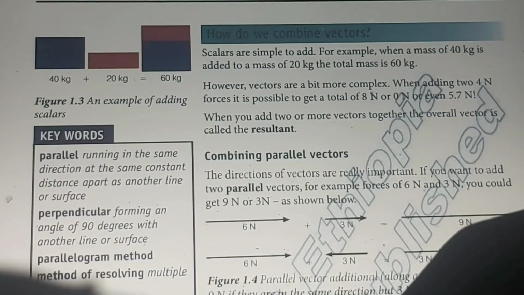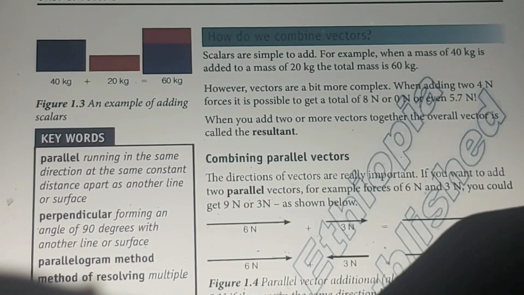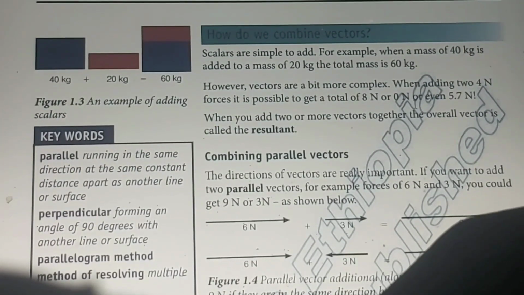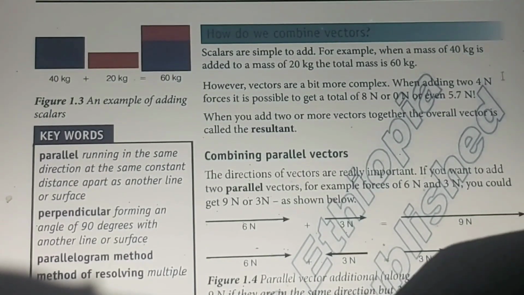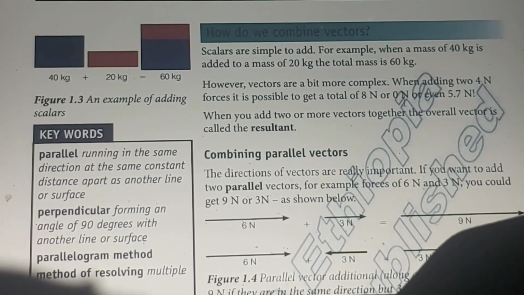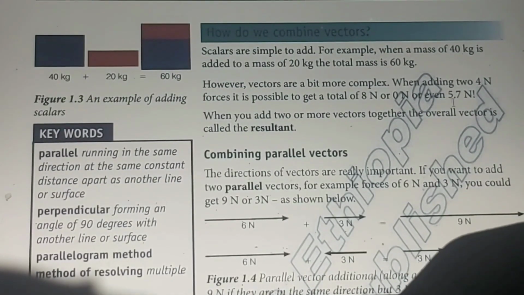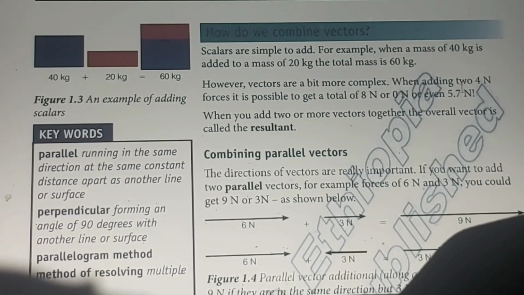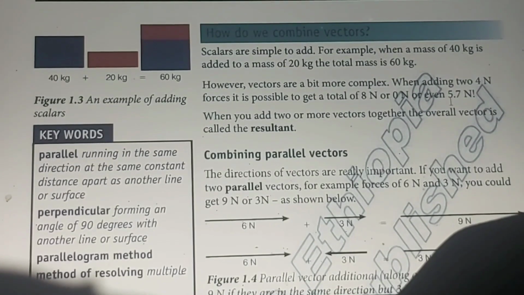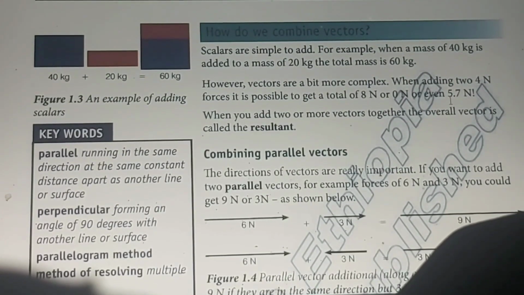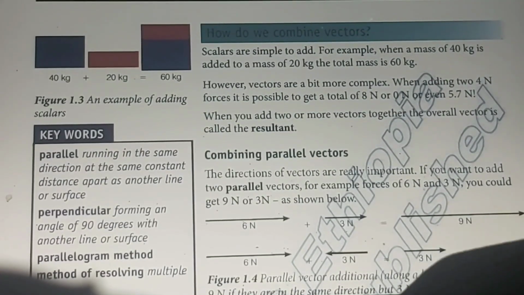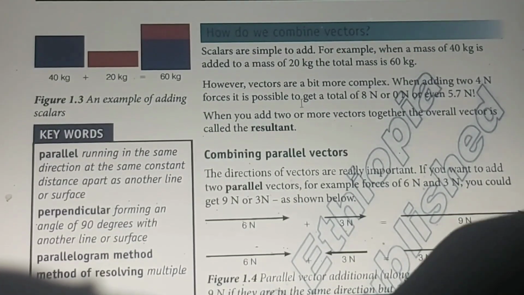During that time, we have 8 Newton, but we can have 0 Newton when they are in opposite directions. The two forces act in opposite directions to each other, so we have 0 Newton. For this case, when they are perpendicular, we can have this resultant force. So the resultant can be 0 or 8 or 5.7 Newton.